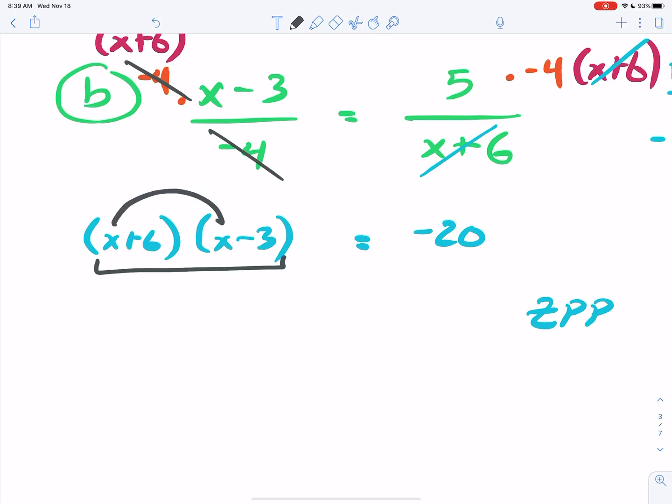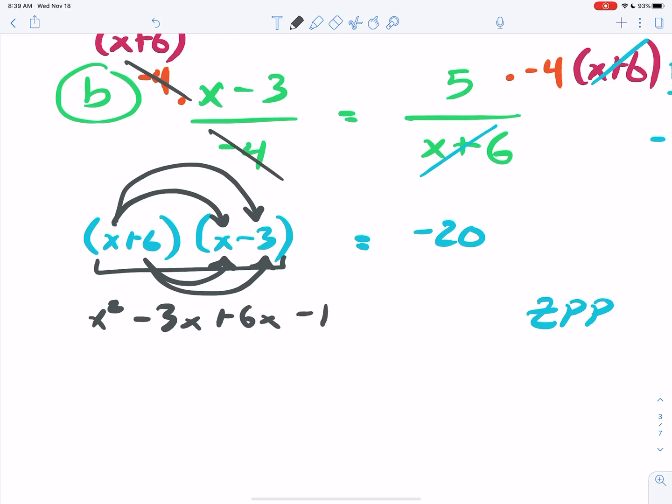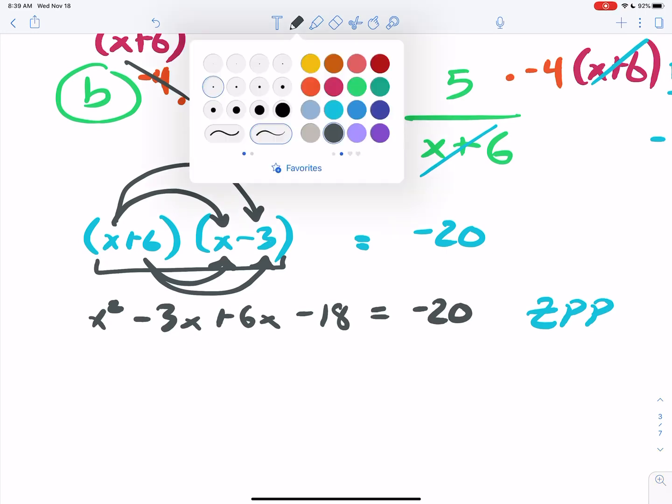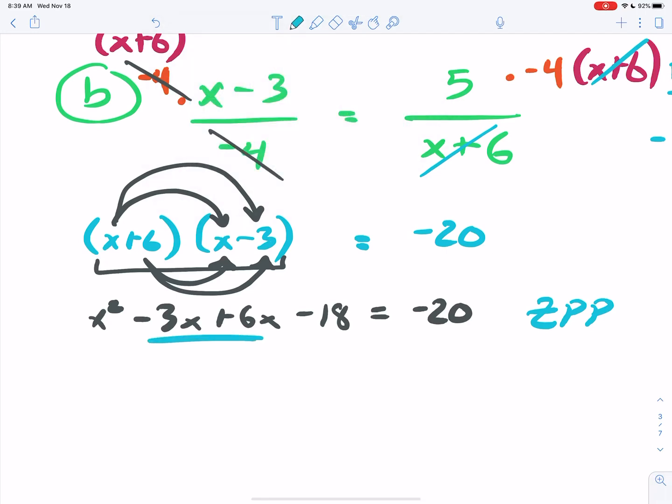So you should get x squared minus 3x plus 6x minus 18 equals -20. Okay, I noticed that I can combine two terms here. That'll give me a positive 3x. I'll bring down my x squared and my minus 18 and my -20.